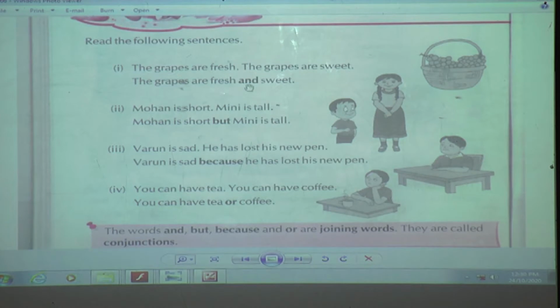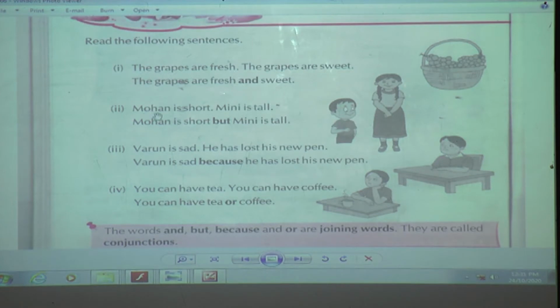So what they have done, they have used the word and in between. The grapes are fresh and sweet, means there is no need again to repeat the sentence. So this word and, what it is doing, it is joining the two words, that is fresh and sweet.